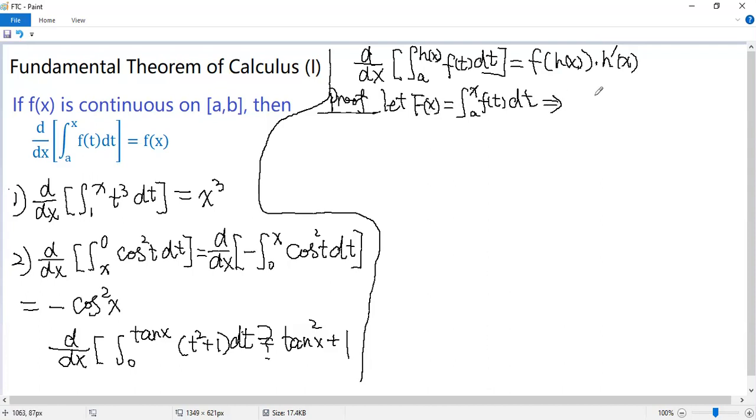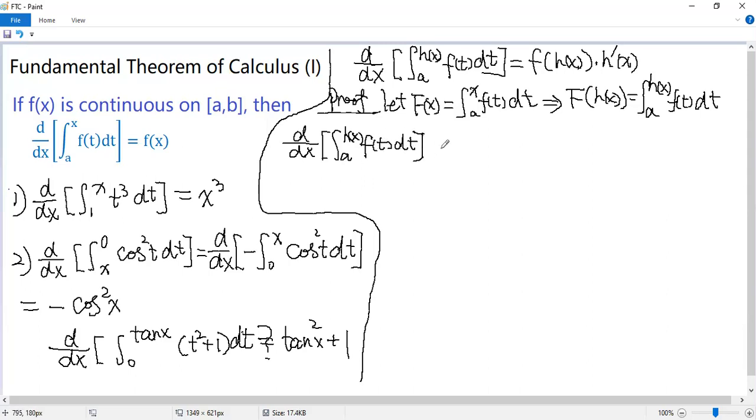Then we replace x by h(x), so we get F of h(x) equals the integral from a to h(x) of f(t) dt. So the target, d/dx of the integral from a to h(x) of f(t) dt, is the derivative of the composite of functions F of h(x).